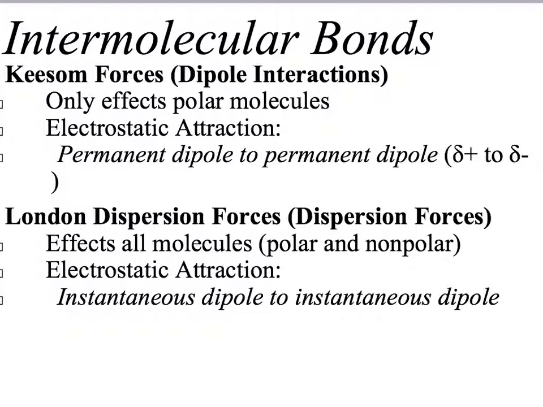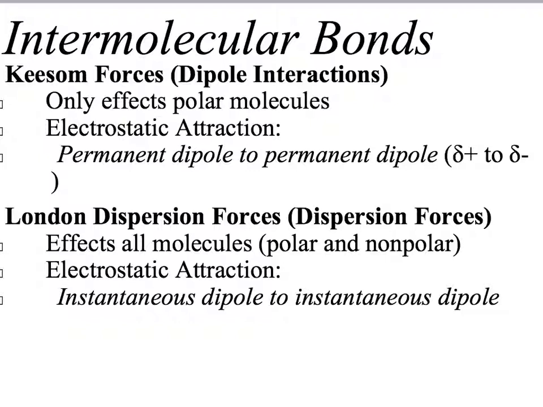All right, so let's start looking through those van der Waals forces that we talked about earlier. So my first van der Waals force is the Keesom force, also called dipole interactions, and that's actually the language your textbook uses. So these Keesom forces or dipole interactions only affect polar molecules.